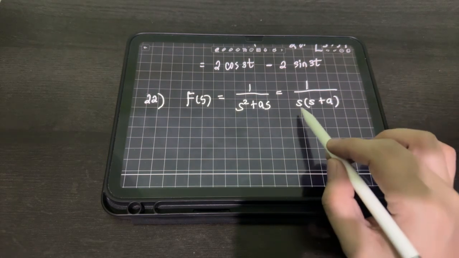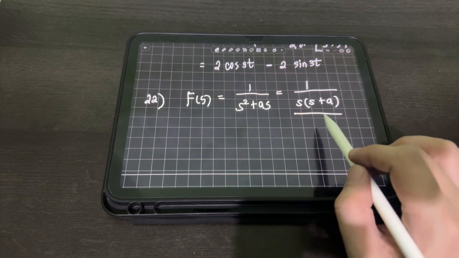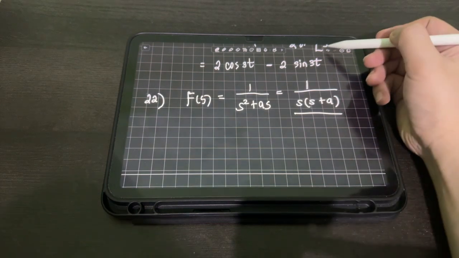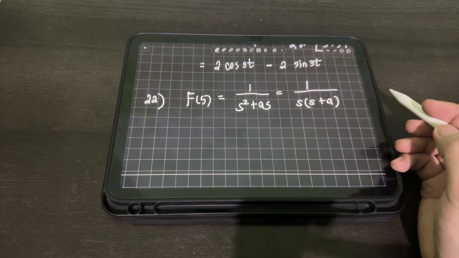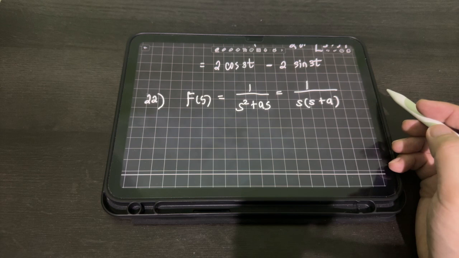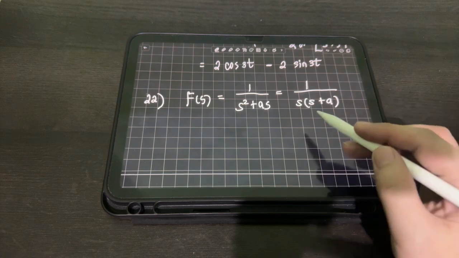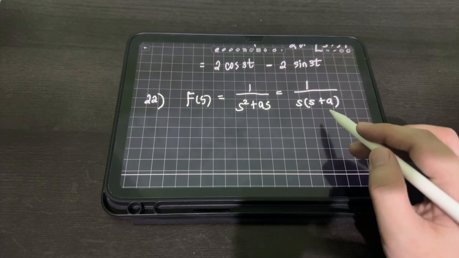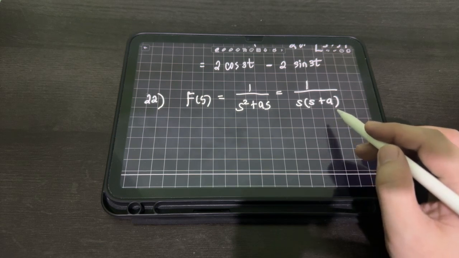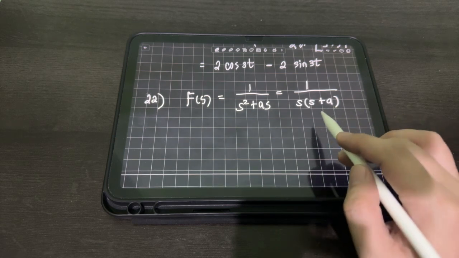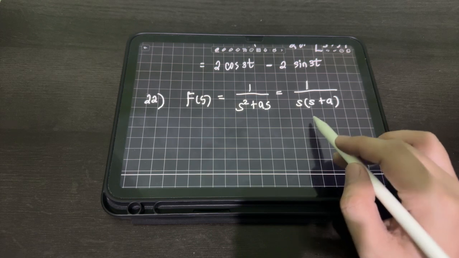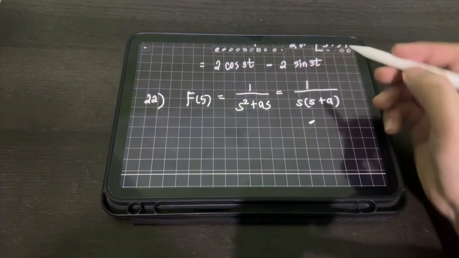Whenever you have at least two factors in the denominator, you can always try to decompose into a sum of partial fractions. So we will apply what we've learned from partial fraction decomposition. You also apply this when integrating rational expressions, right? So another application of partial fraction decomposition is in inverse Laplace transform.